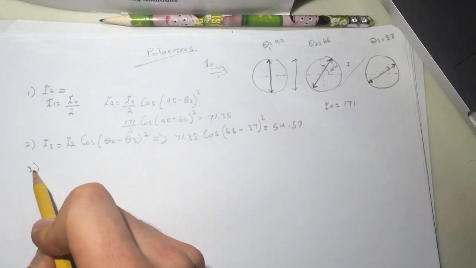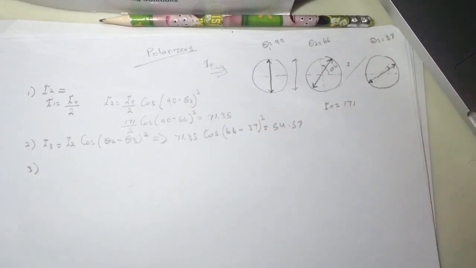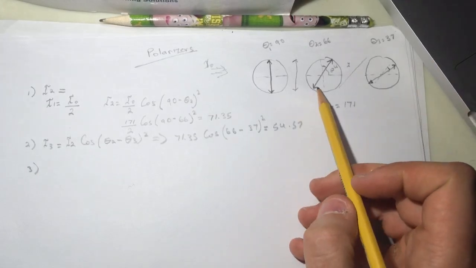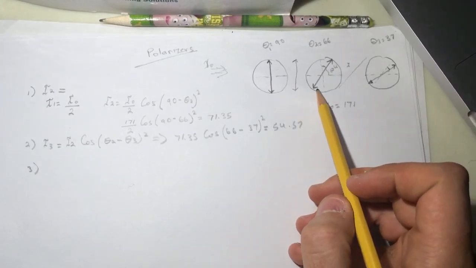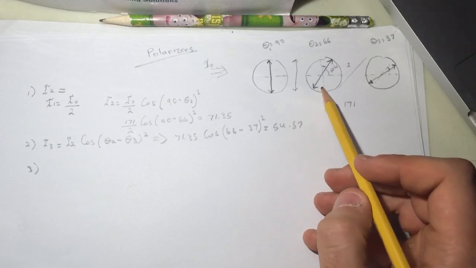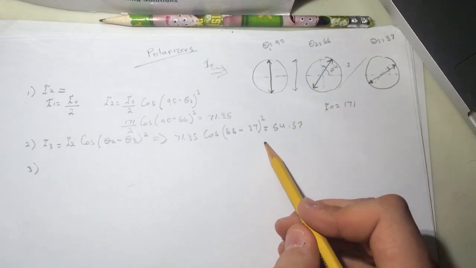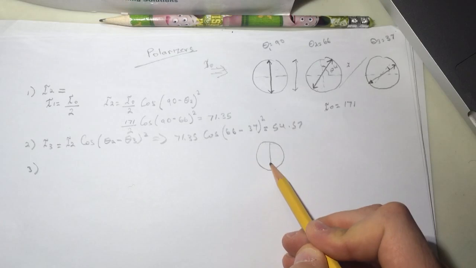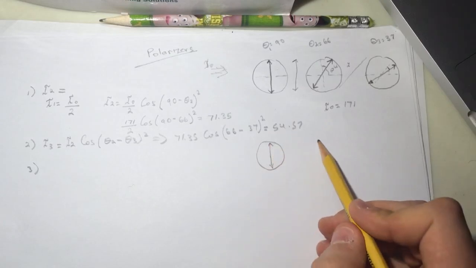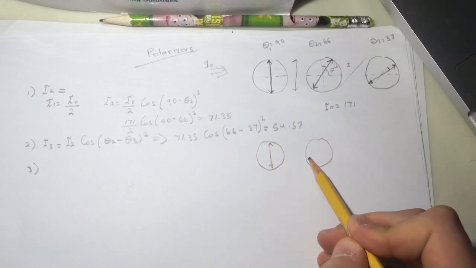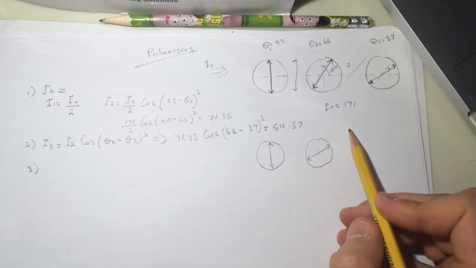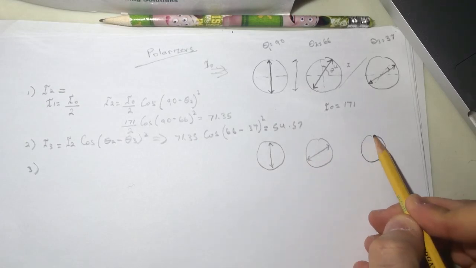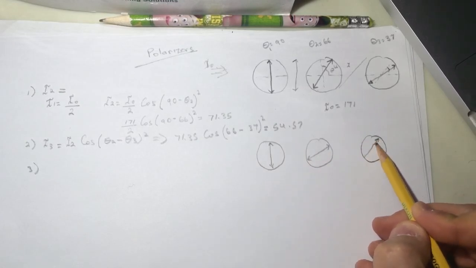Question number 3 is about the position of the second and third polarizer. They switched those. Let's draw it again here. So we have this, this, and this.